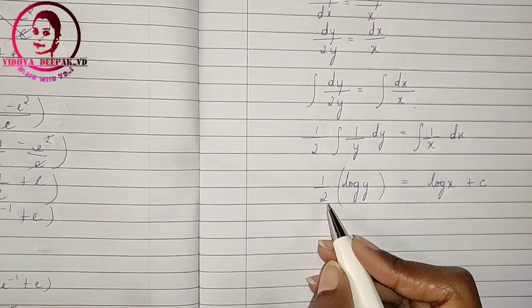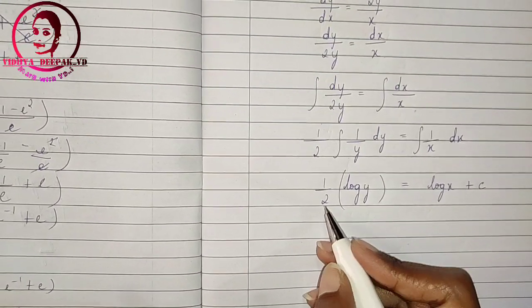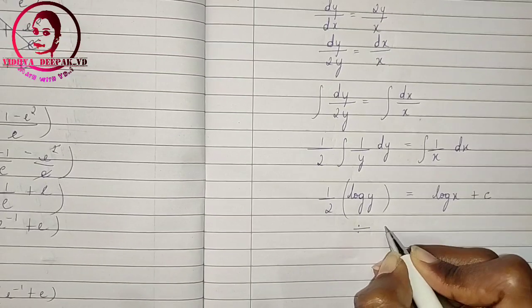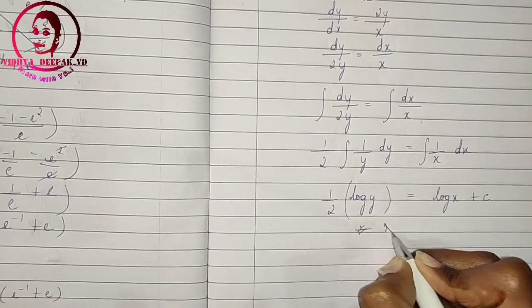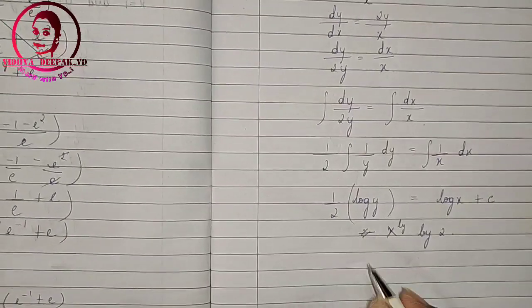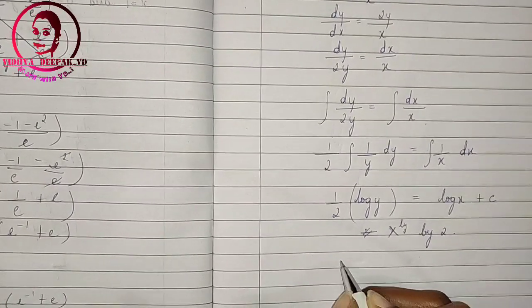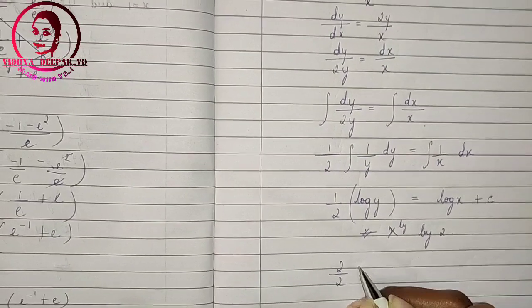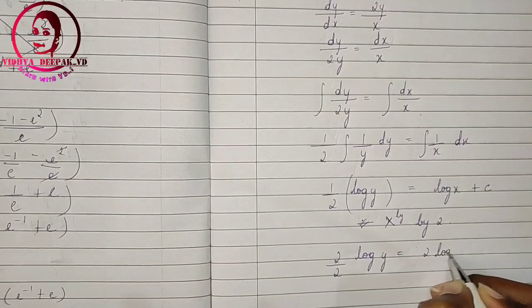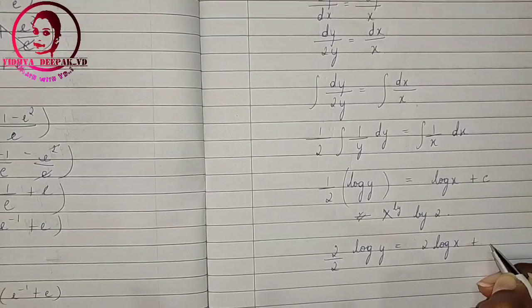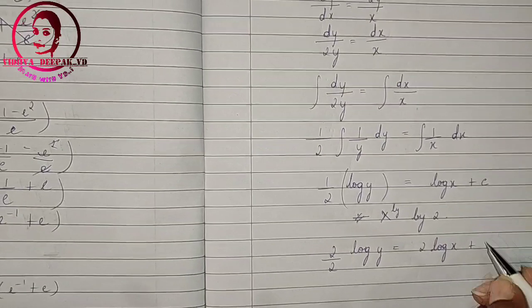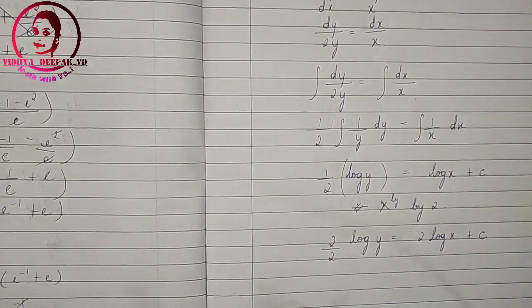Now in order to eliminate this 2, I'll multiply the entire equation by 2. So 2 by 2 into log y is equal to 2 log x plus 2c.